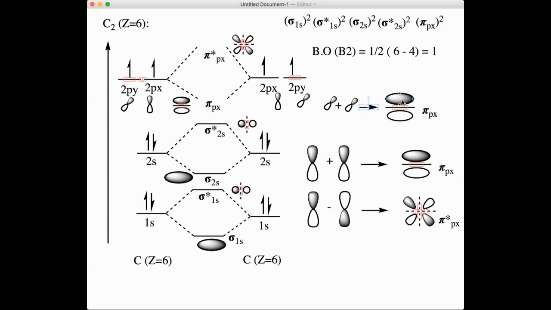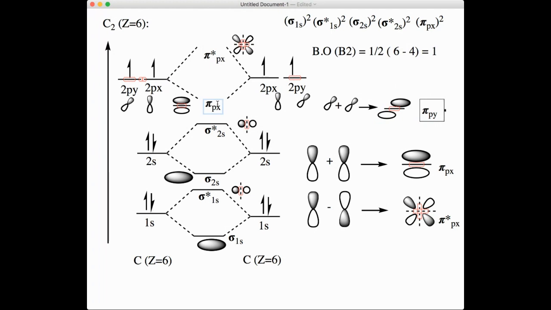So this is the in-phase combination. So that would be something like this, right? To be more precise. So that could be a pi bonding molecular orbital resulting from the combination of the two 2py, sorry. So it's going to be pi py.